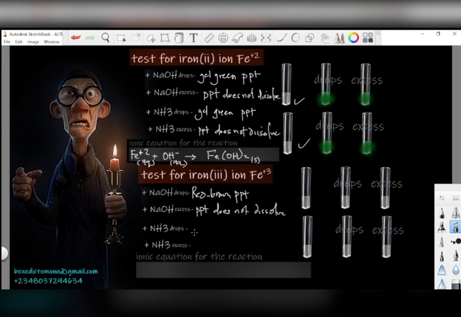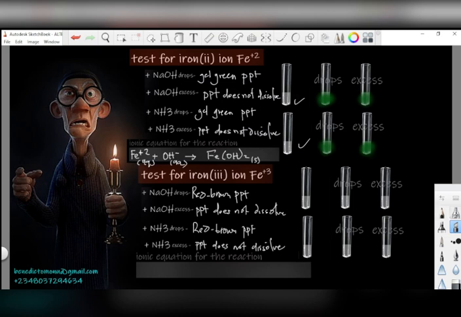Same thing here. In ammonia, you get the same result. Reddish brown precipitate that does not dissolve in excess ammonia.